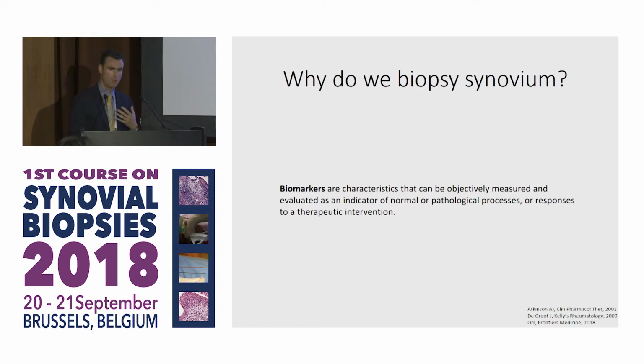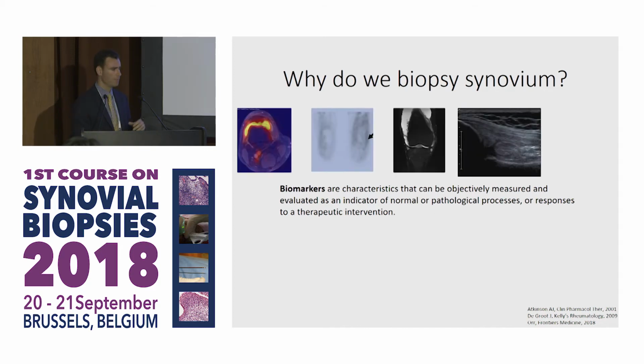We tend to think of biomarkers as a molecular entity almost invariably, but actually imaging is a biomarker in arthritis. But unfortunately, despite the availability of imaging, these do very little to help in diagnosis of the subtype of arthritis, and they do practically nothing at all to try and determine prognostic outcomes.